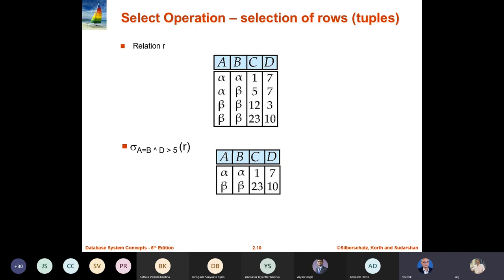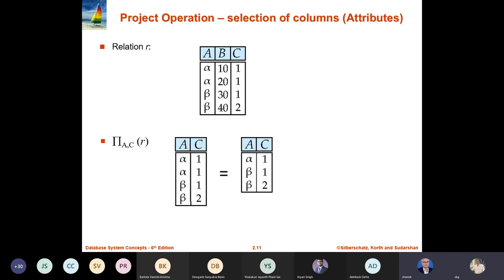Suppose we select where D is greater than 5 or greater than 1 on R, then all tuples satisfying the condition are selected, but it keeps the whole attribute set in the output table.